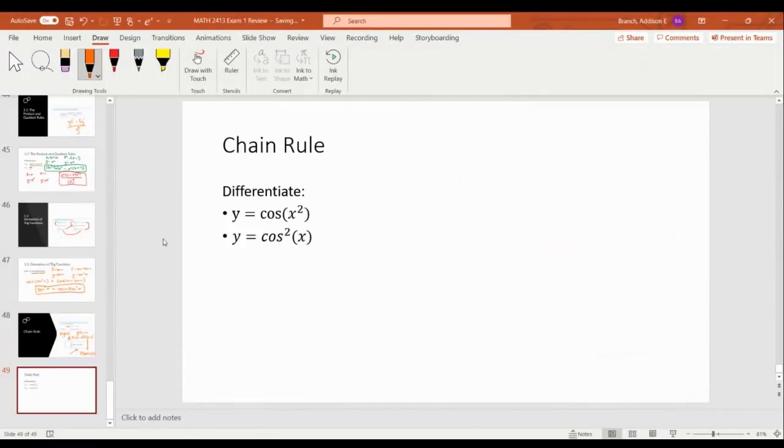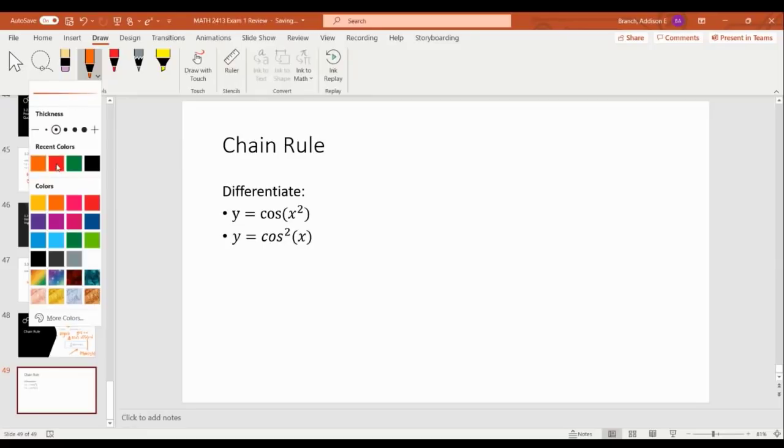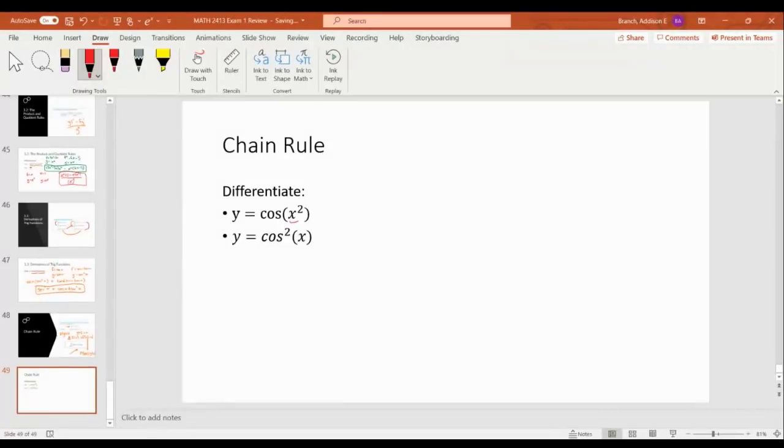So last thing we have, let's go ahead and do a couple quick examples with chain rule. For this first one, we have y equals cosine of x squared. We can say we have our inside function, which is our x squared, and our outside function, which is our cosine.